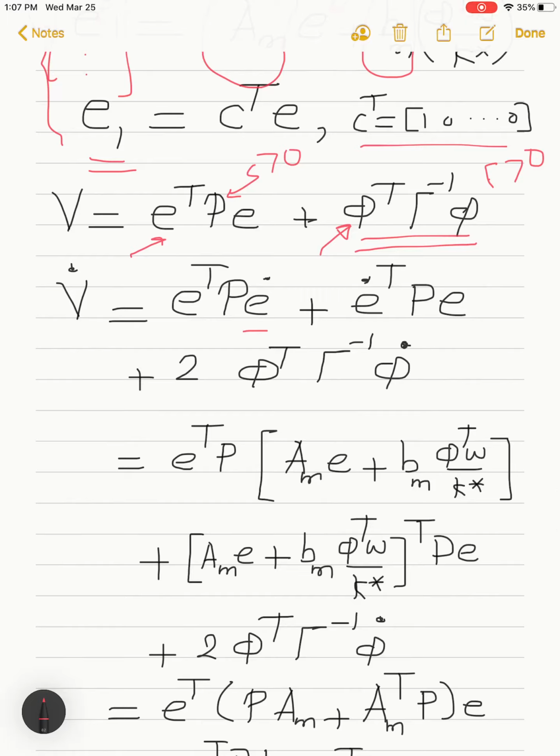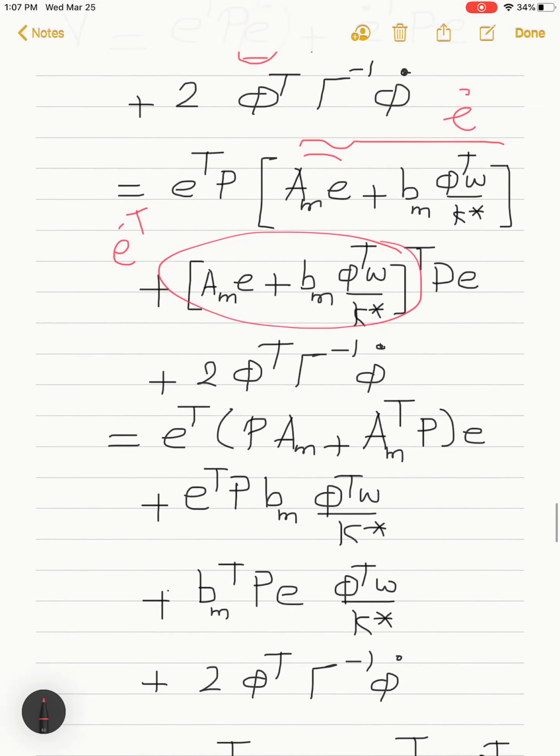And then I will collect together terms that contain E and terms that contain phi. Now, first I have to substitute for E dot. So this is E dot from its state space representation, and this is E dot transpose.